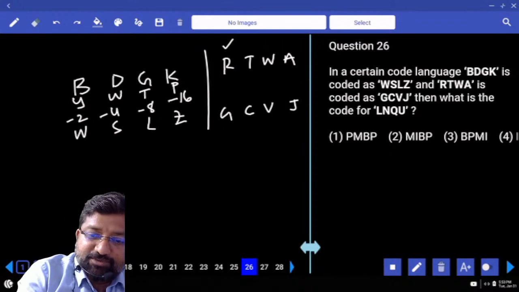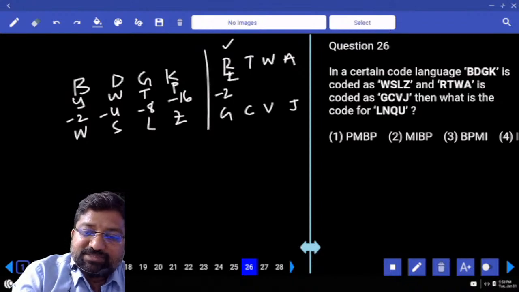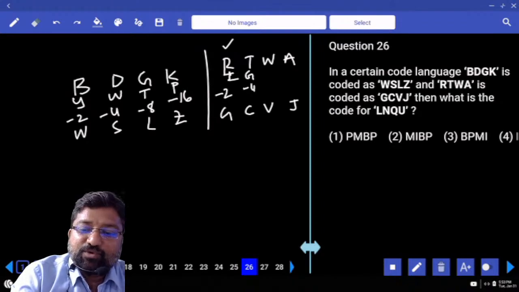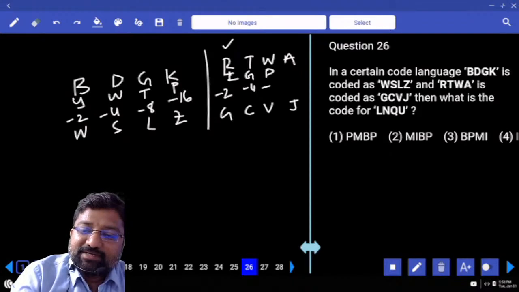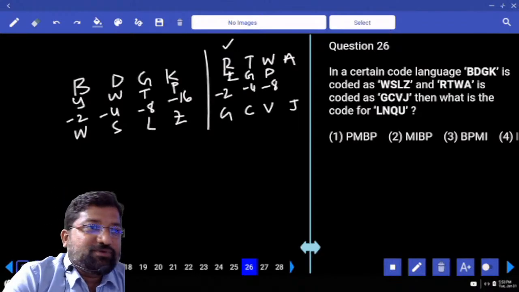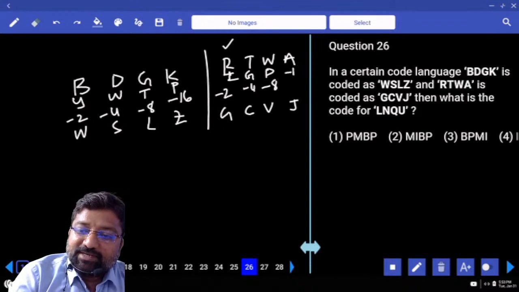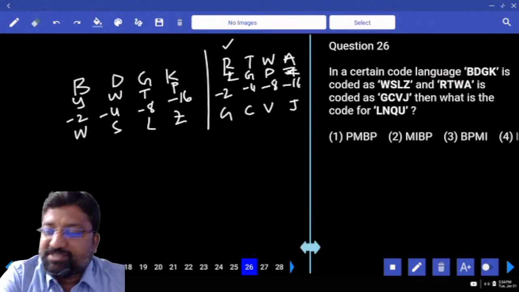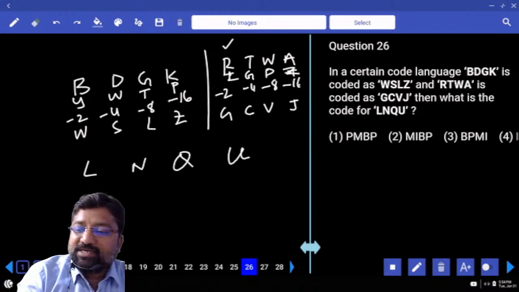What is opposite to R? I. I minus 2 is G. The opposite of T is G, minus 4 is C. The opposite of W is D. D minus 8, I can consider D as 30, 26 plus 4 is 30. 30 minus 8 is 22, V. The opposite of A is Z. Z is 26 minus 16, how much? J. So you are supposed to go for L, N, Q and U.